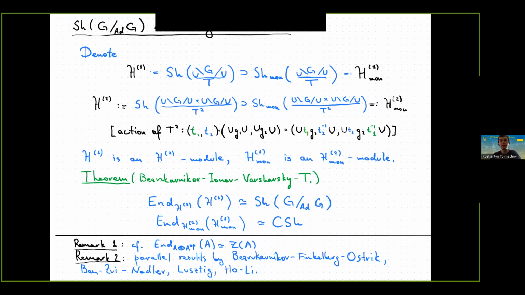So in this way, this is a certain variant of the categorical center construction. And the second remark is that parallel results were proved by Ben-Zvi, Francis, Nadler, Lusztig, and others. So these are all various sheaf theoretic settings and variants of this center construction.